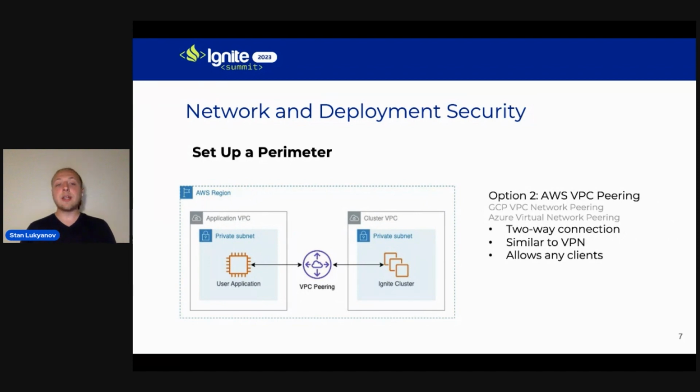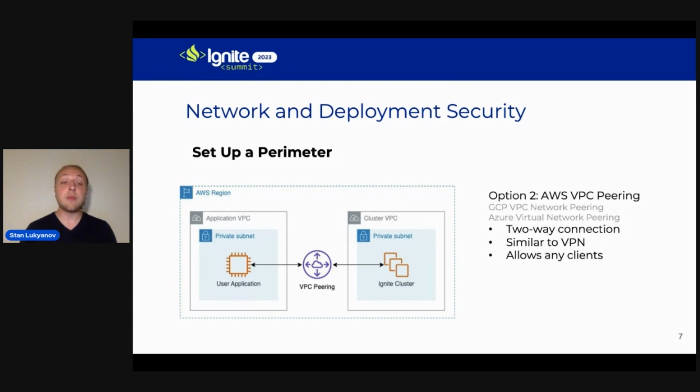The next pattern, which is probably the most commonly found for these multi-VPC architectures, is VPC peering. And VPC peering is known on different clouds by different names. AWS calls this a VPC peering, GCP calls this VPC network peering, Azure calls it virtual network peering.